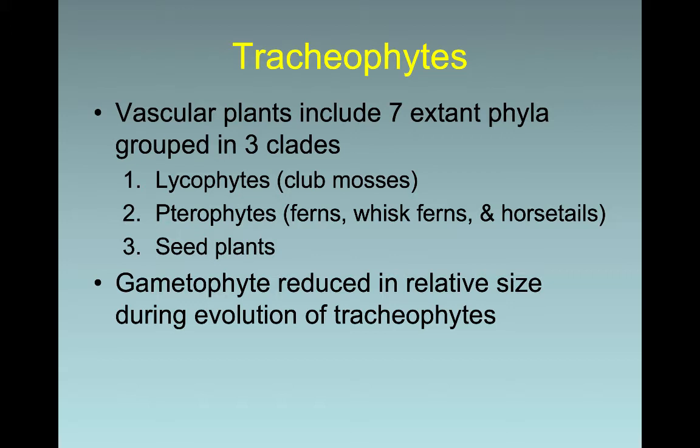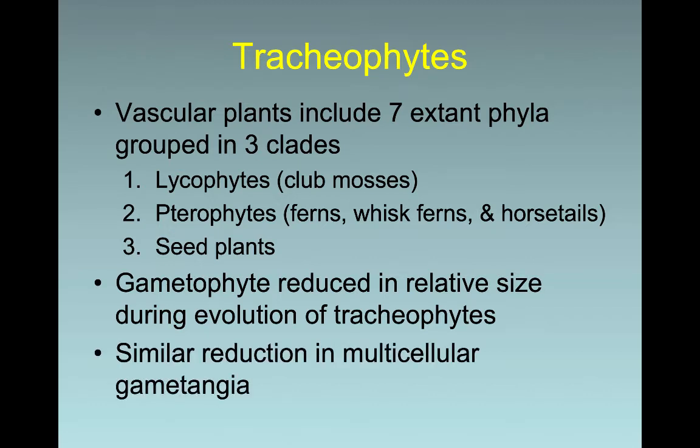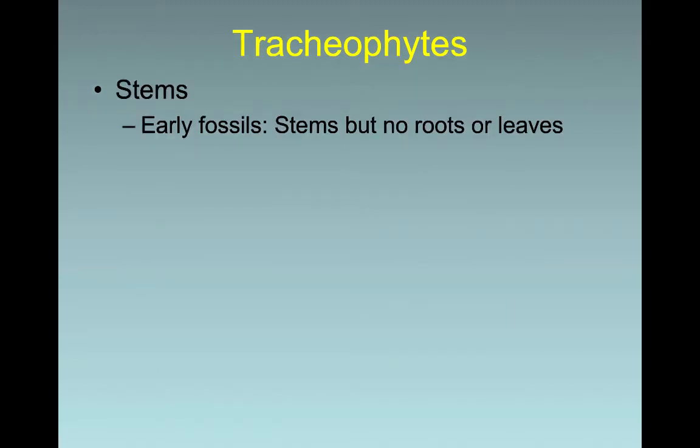The thing that you see when you look at a tree from a distance is actually the sporophyte. To see the gametophyte, you'd actually have to have a microscope, and of course, it would only occur during certain times of the year when cones are fertile or when flowers are present. So gametophytes and the associated gametangia get smaller, sporophytes get bigger. That's the progression that we see in this process.